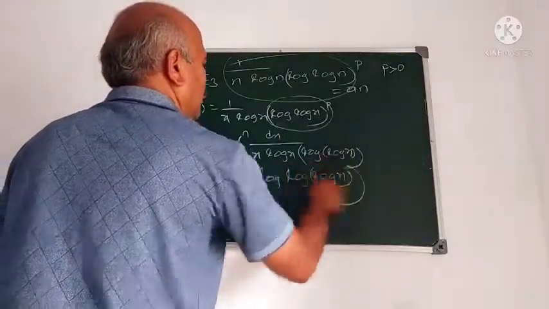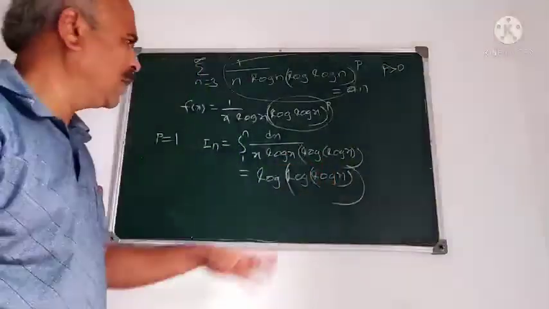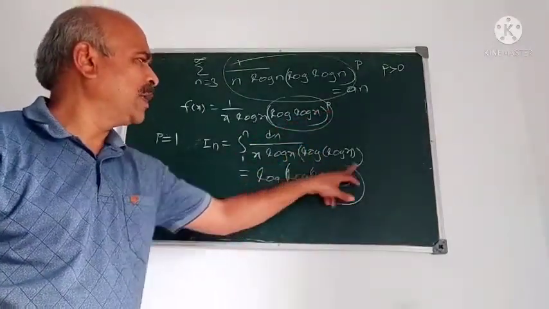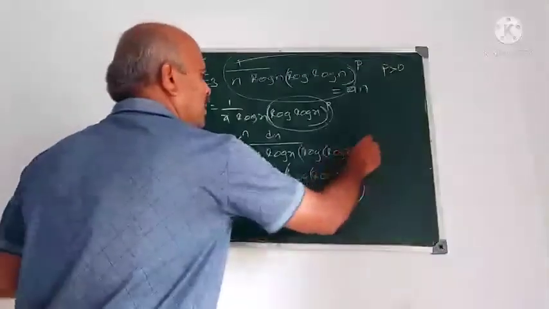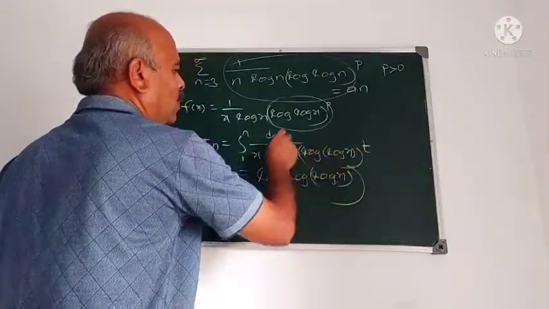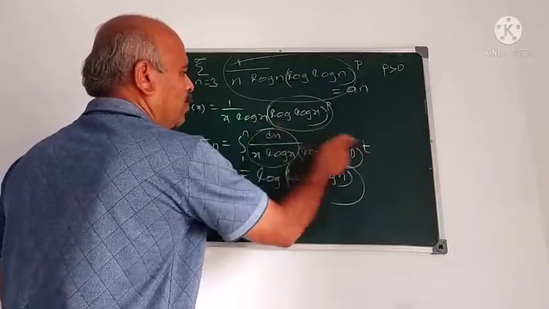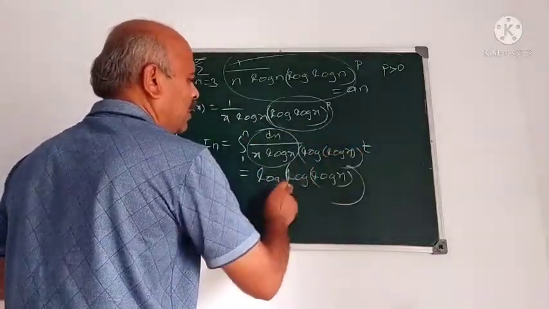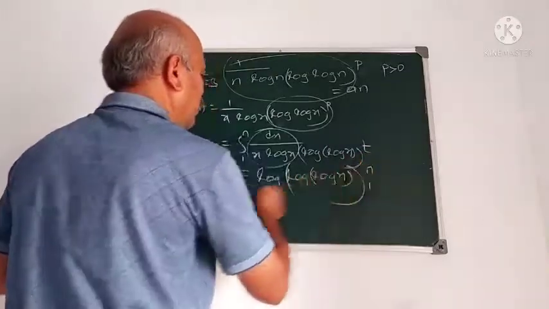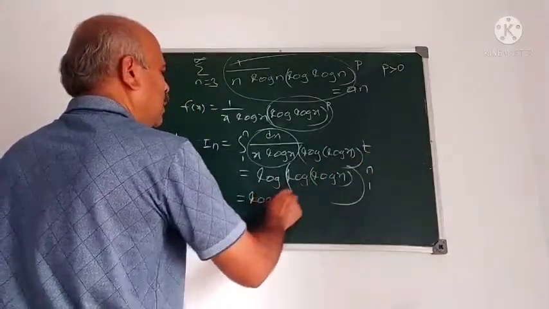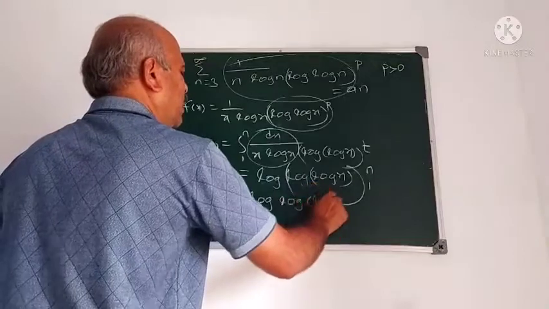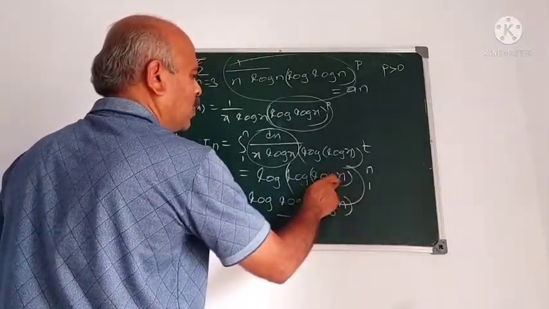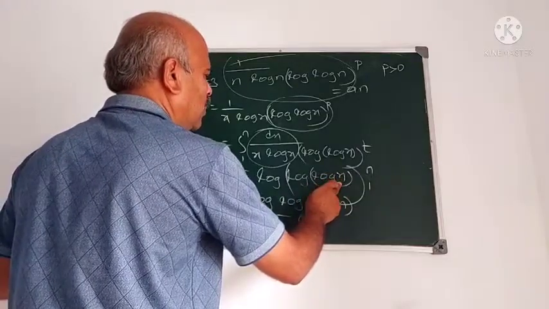Why? Because when p is equal to 1, if you take log x as t, this becomes dt. So 1 upon t dt, and the integration of 1 upon t is log t, from 1 to n. So it is log n minus 0, because log 1 is 0.